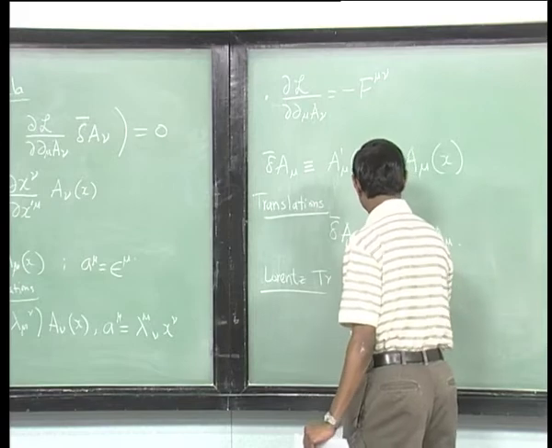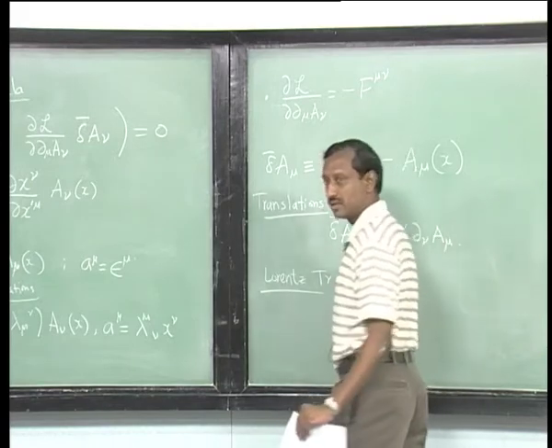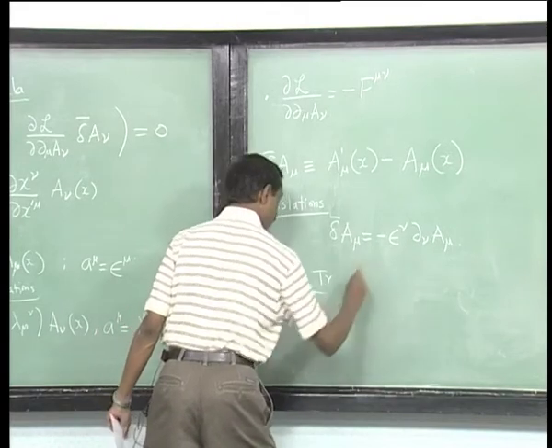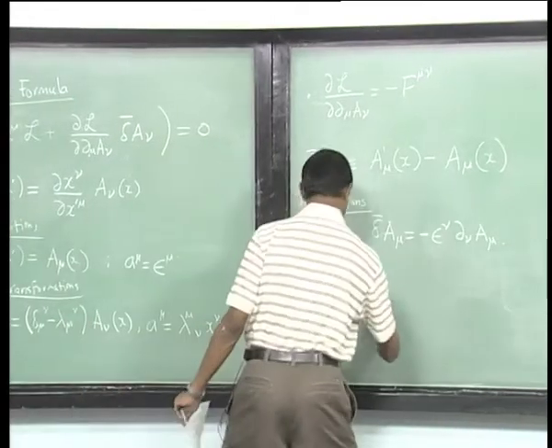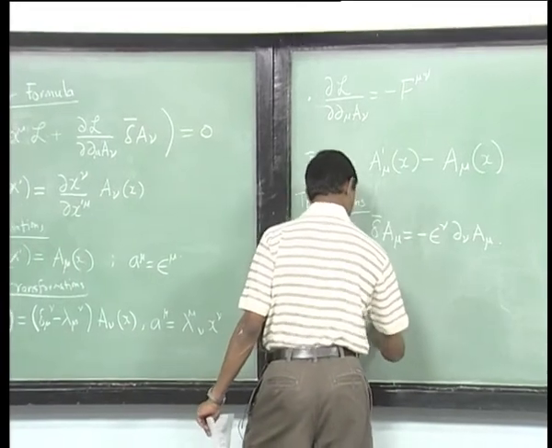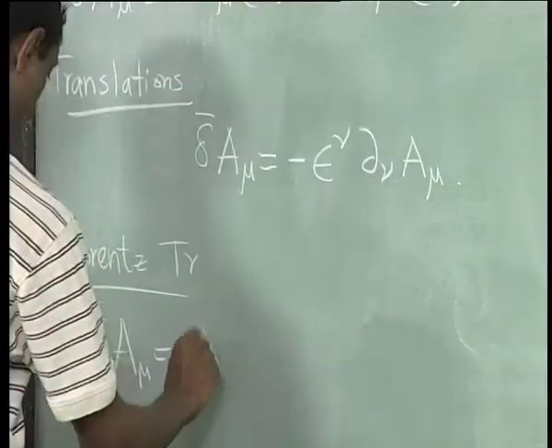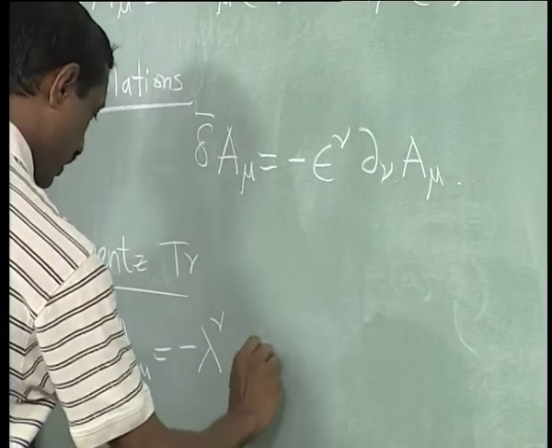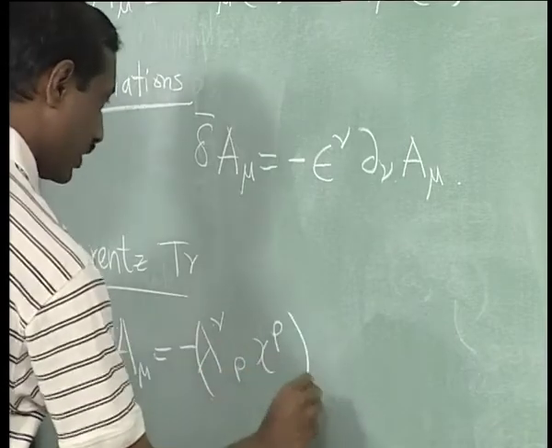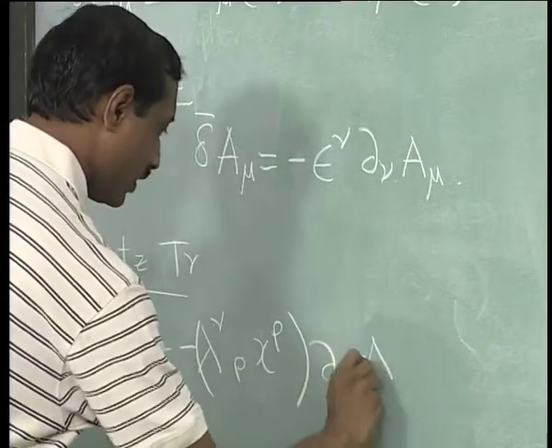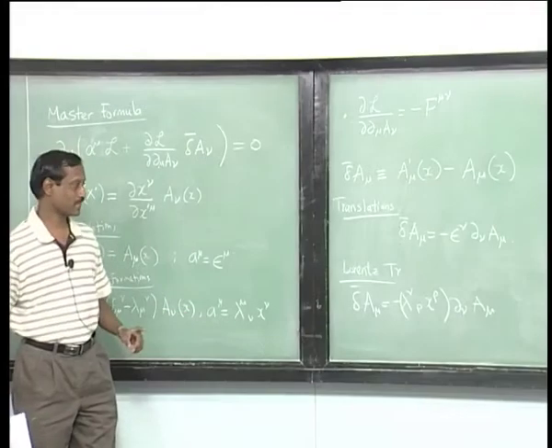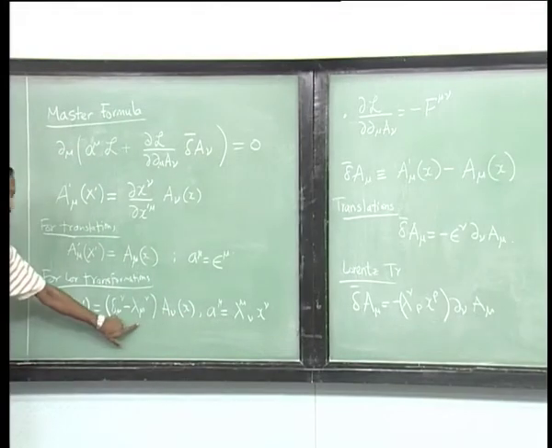So we go back to the constant parameter, and delta bar A mu will have one piece which would be minus A mu. So that is minus A nu lambda nu rho x rho times d nu A mu. So I have just written A mu d nu d nu rho, but A nu is this. Okay, but I get one more piece which comes from this.